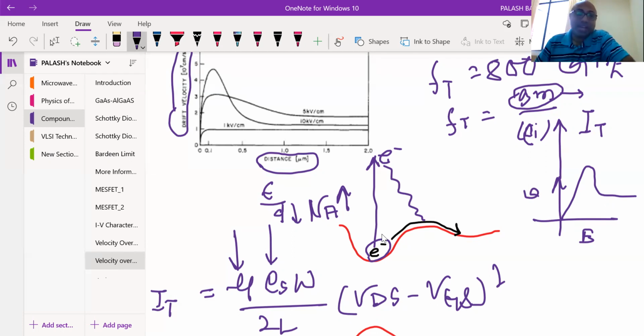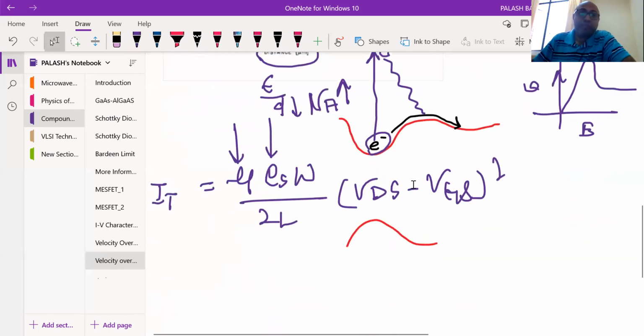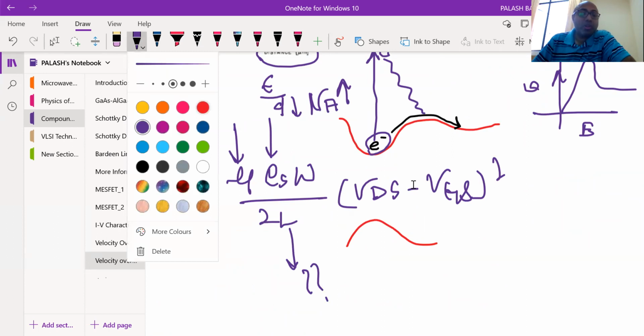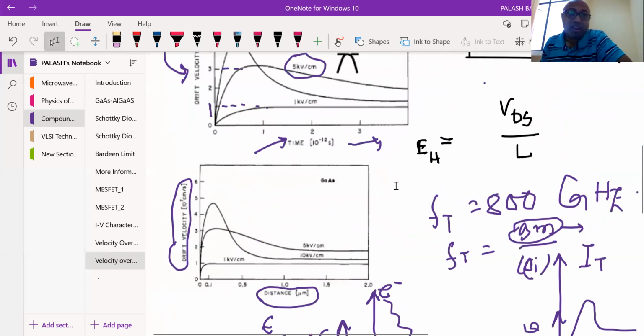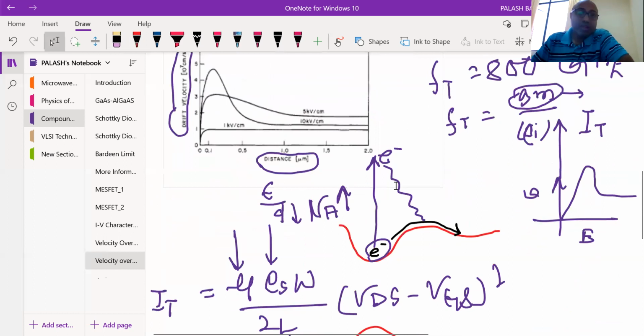Now to have such things, the first thing you have to fix, because 800 gigahertz has been fixed, is L. What would be my L, the length between source and drain? That you can calculate, and that is kind of fixed.